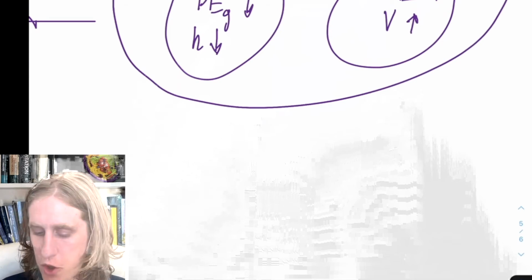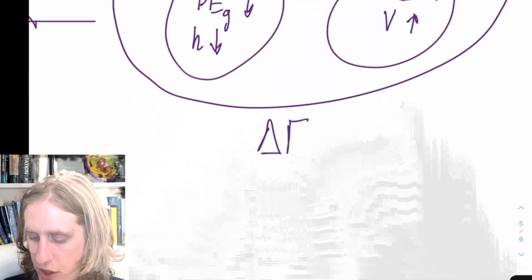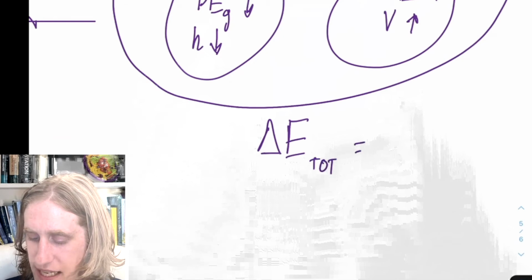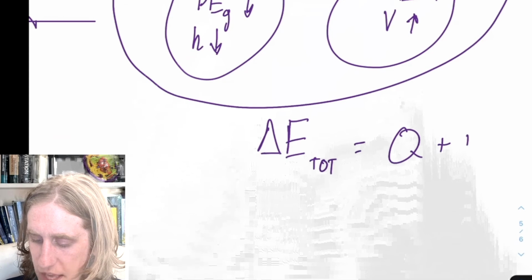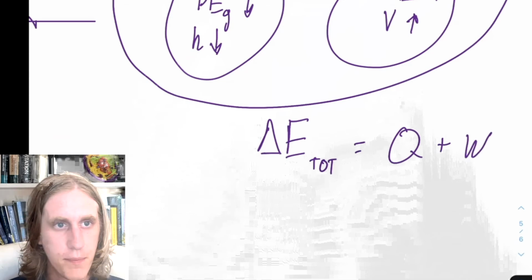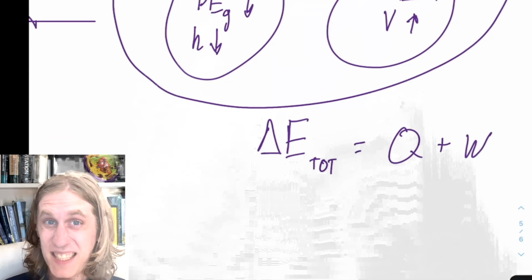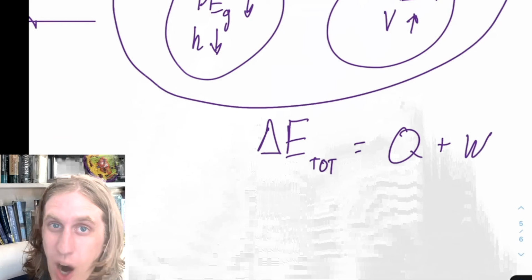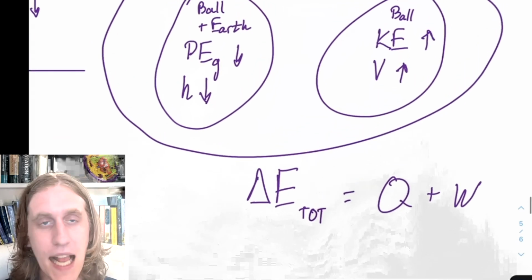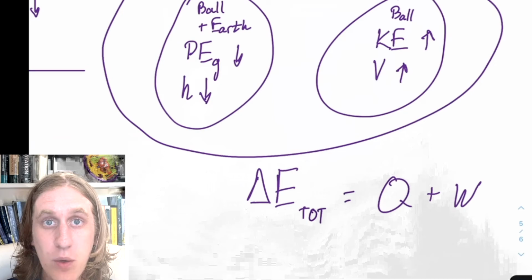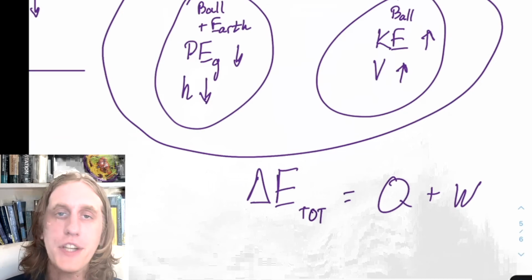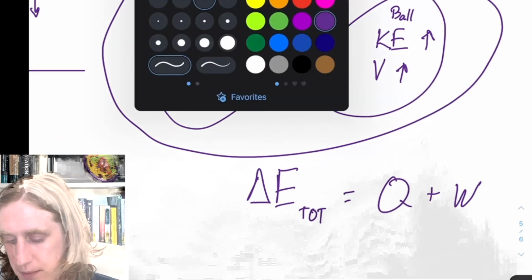As always, we start with our basic energy equation. The change in the total energy of the system is equal to the heat plus the work that goes into or out of the system. But this is a closed system, so we already know what the heat and the work are. They're just equal to 0 because no energy is allowed to enter or leave the system.